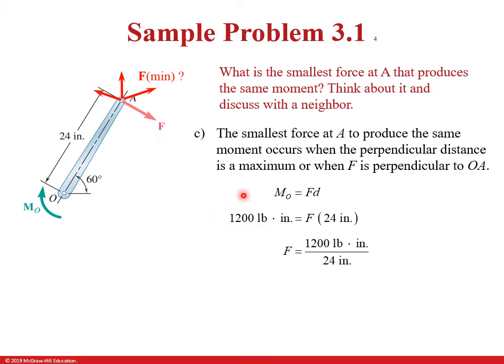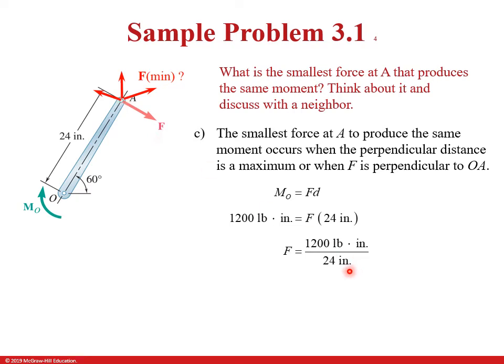So here we have a 1,200 pound-inch moment. That's what we want, and we're trying to find the force. The minimum force is going to occur when it's perpendicular to the origin along this lever. So that's 24 inches. This is the maximum distance we can get from point A to point O with a force's line of action.